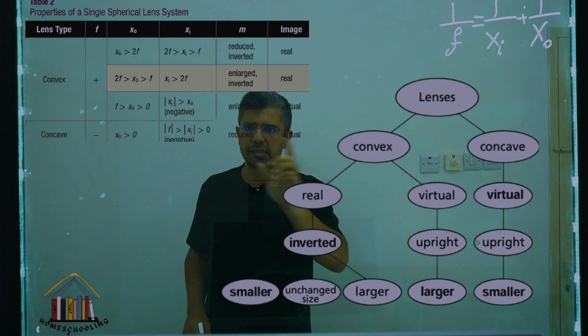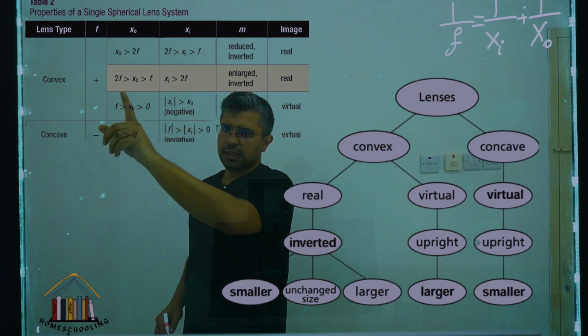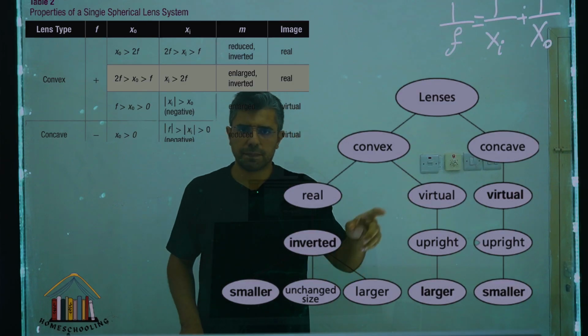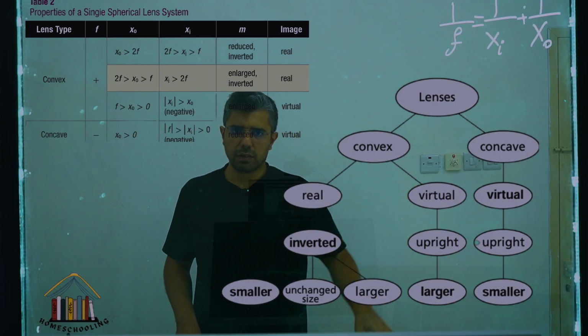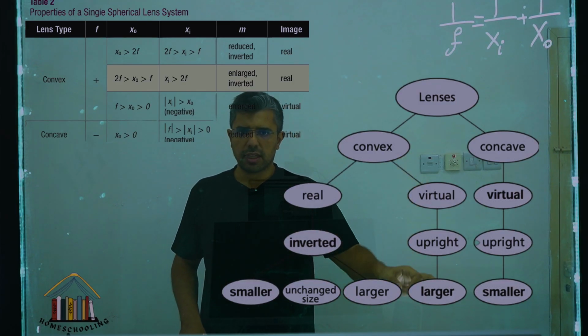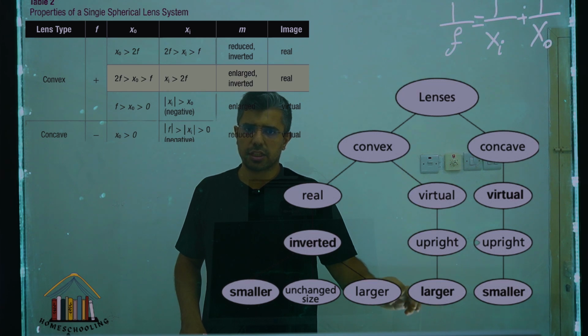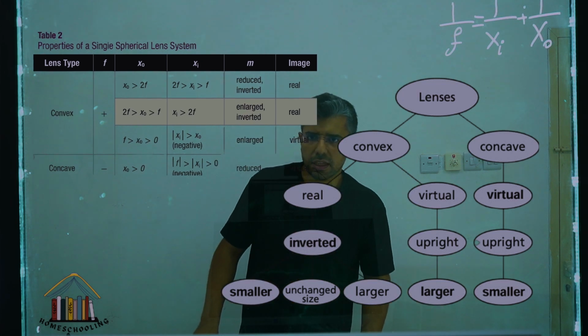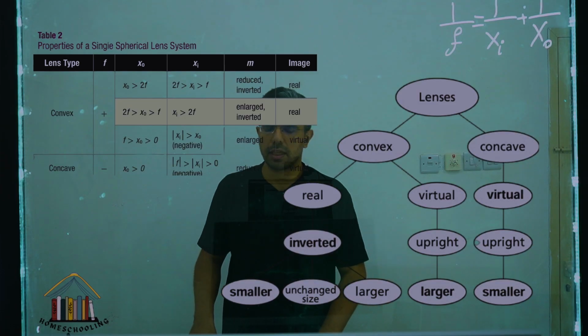Again, this depends on the conditions, on the position of the object. The virtual image sometimes gives us a larger image, sometimes a smaller image, comparing it to the object.